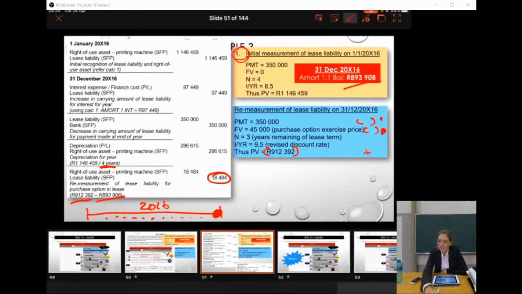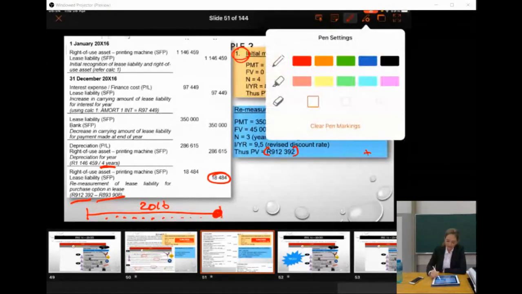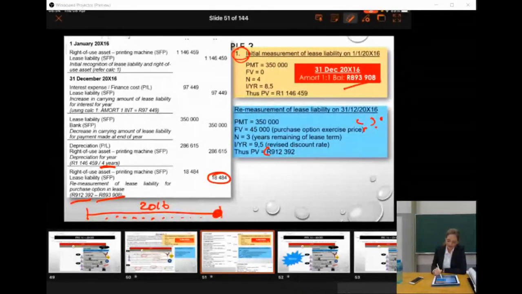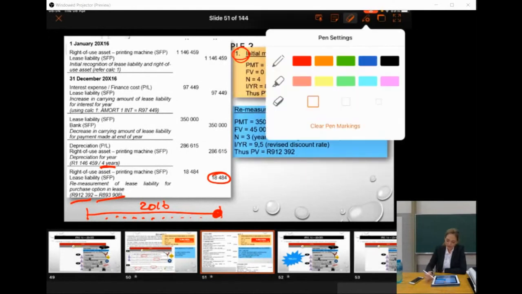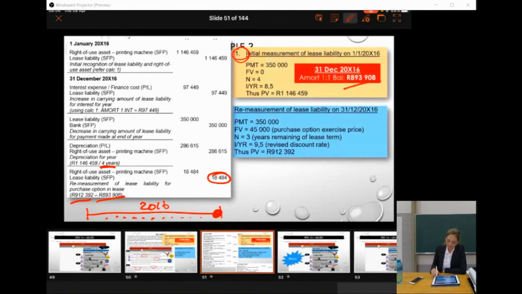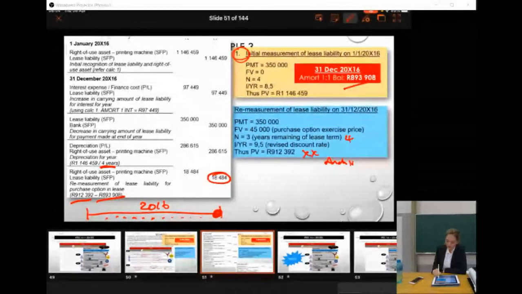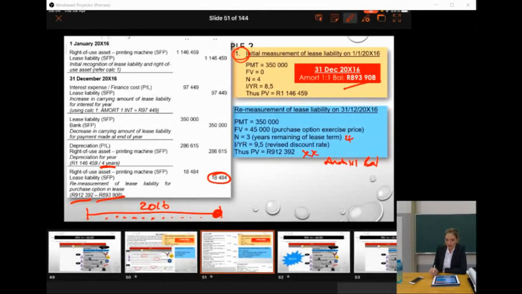Okay, so Mr. Du Plessis, are you happy with what I'm saying? Are you happy with what I said about the fact that if you do the lease payment from the start, if you say 4, you're going to get an amount, but then you have to say amort 1 balance.